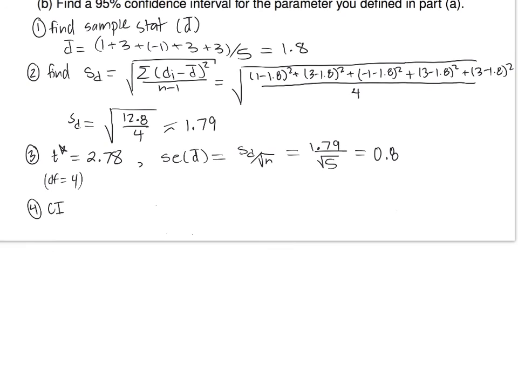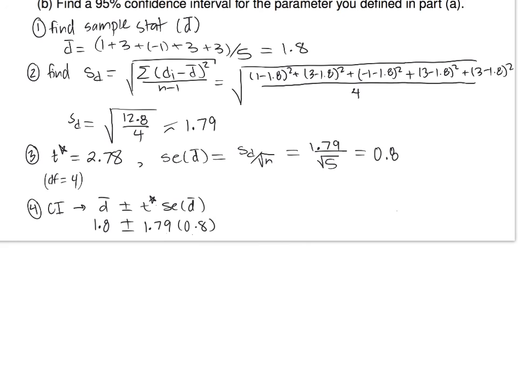And so our confidence interval is d bar plus or minus this T star times the standard error of d bar. So the d bar that we found was 1.8 plus or minus this T star of 2.78 times 0.8.